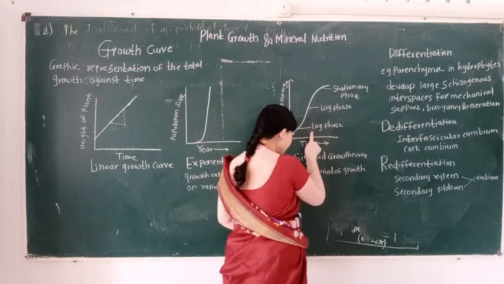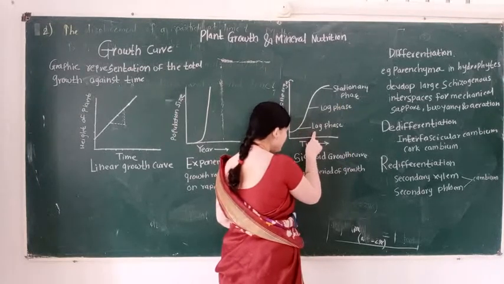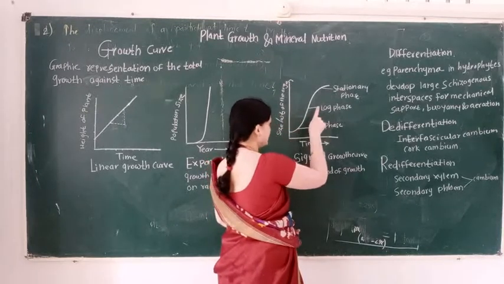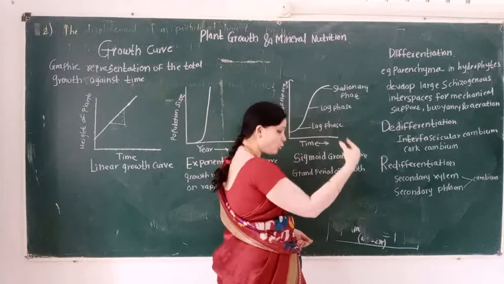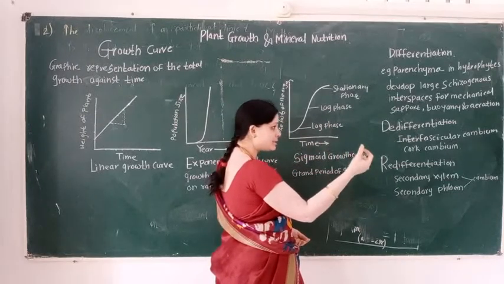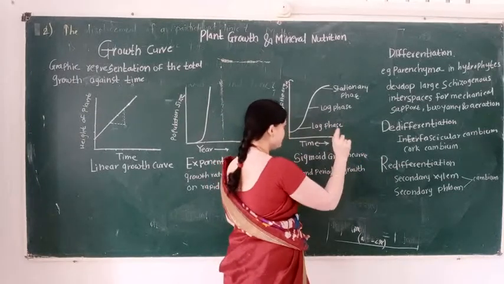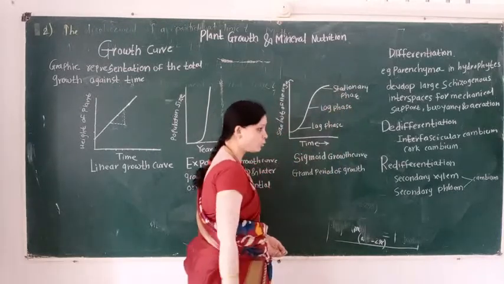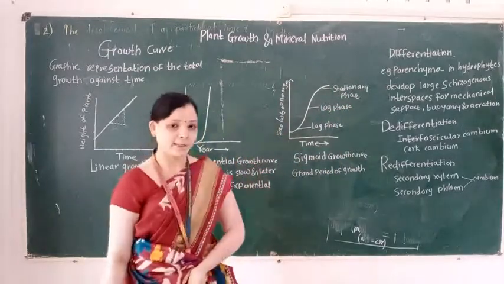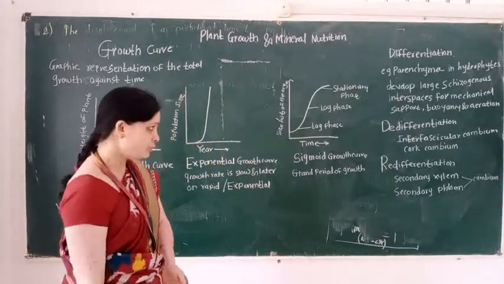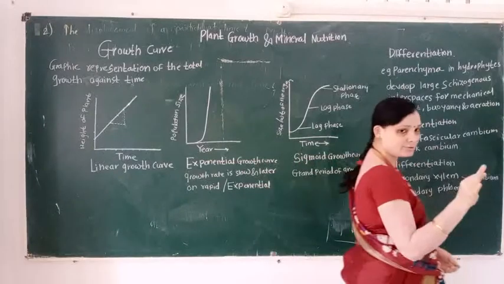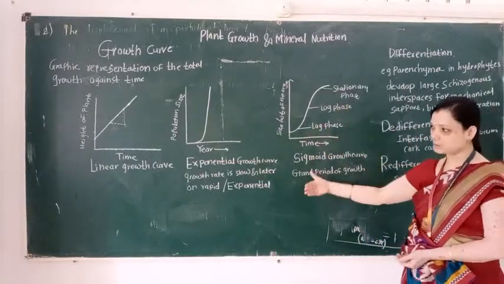Remember this point: in the lag phase growth rate is slow, in the log phase growth takes place rapidly, and in the stationary phase the growth rate slows down and then becomes steady. So students, we understand these three types of growth curve.